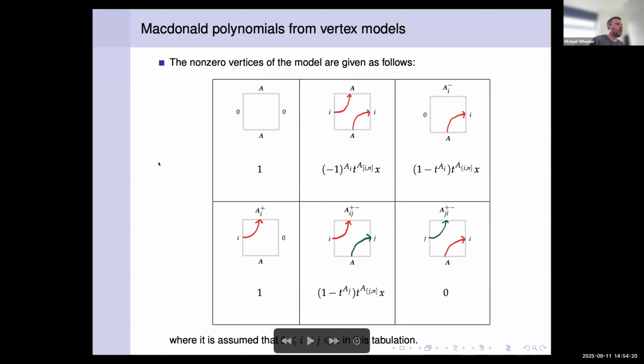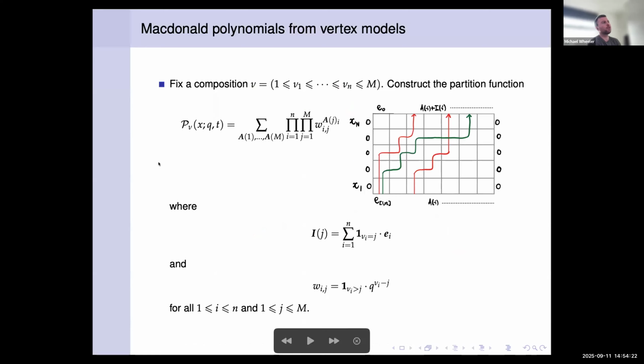And the idea is that you then take those and you put them into a partition function, which is sketched at the top of the slide. So I don't really have sufficient time to explain all the details of what is happening here. But the basic idea is that you have a collection of n paths that enter through this column here.